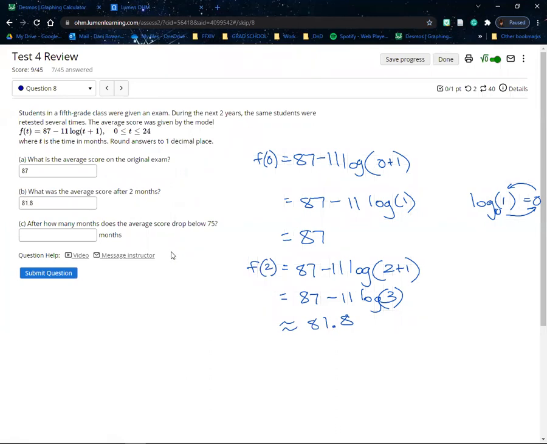And then it says, after how many months does the average score drop below 75? And notice, guys, that the score's dropping over the next 2 years. Over the time frame, the average score is dropping. So where do we put the 75 if we're talking about a score?